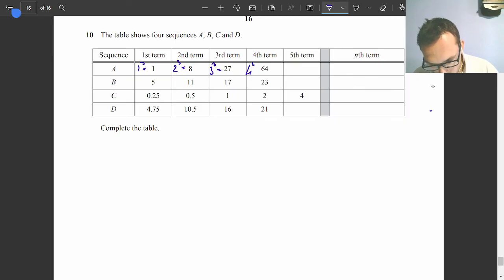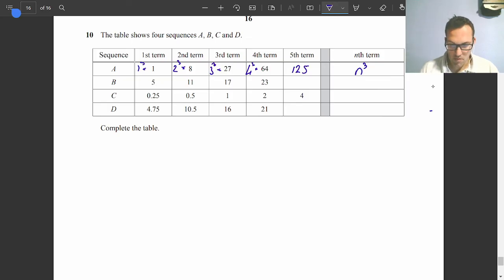Then we've got 4 cubed is 64. So of course, 5 cubed, 5 times 5 is 25, 25 times 5 is 125. So here we have n being the nth term cubed.